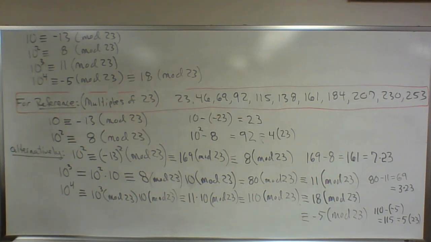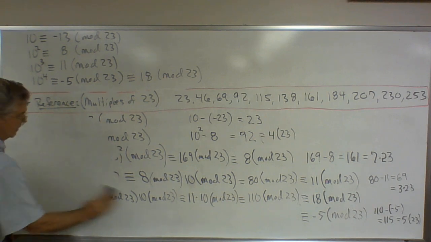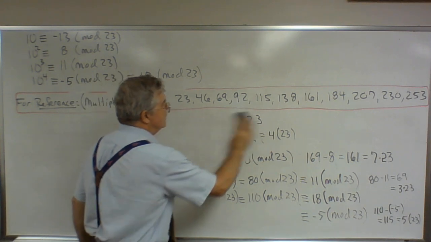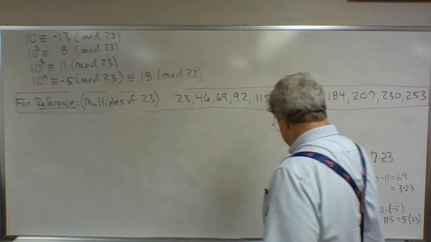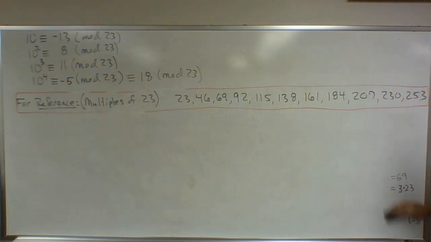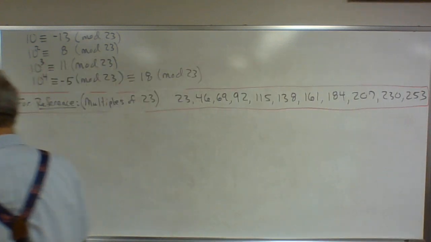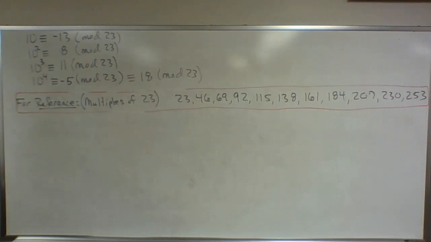Okay. Let me get rid of all of this garbage. We definitely have not found a power of 10 that is equal to a small number mod 23. Hopefully we can. And I'm tired of going in increments of 1 when it comes to the exponents. So instead of doing 10 to the 5th and 10 to the 6th, I'm going to try 10 to the 8th.